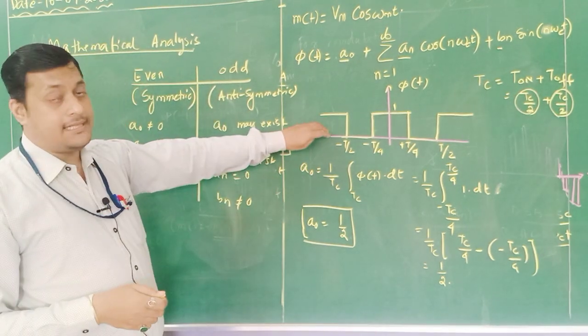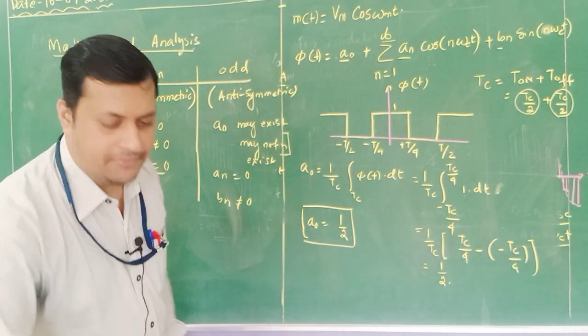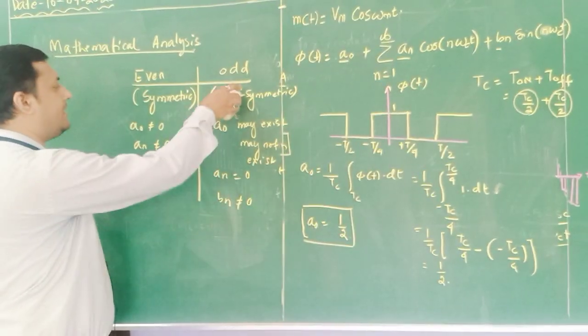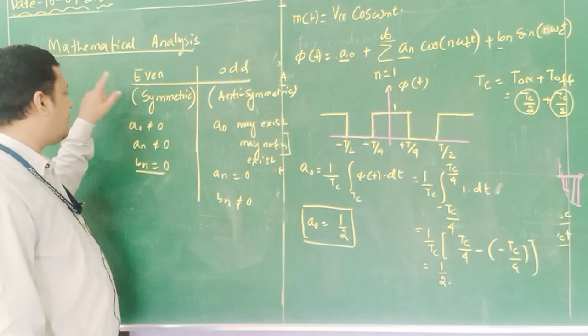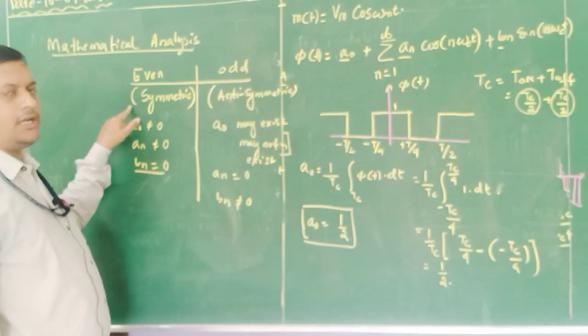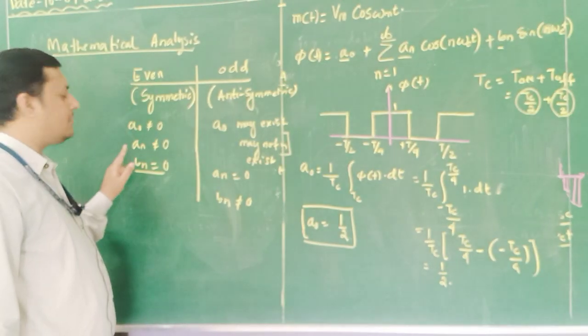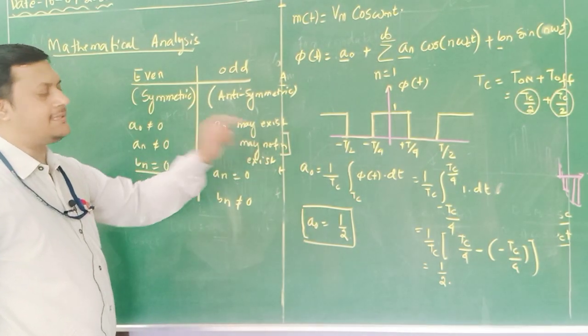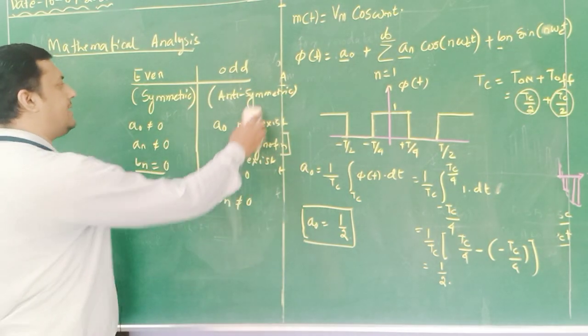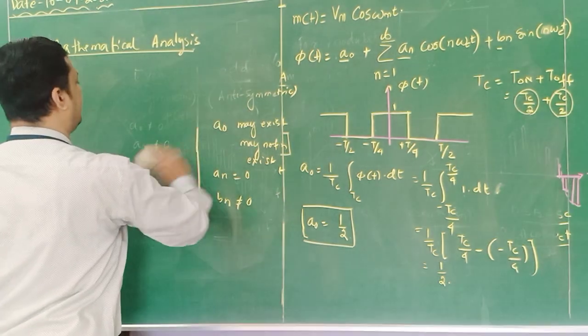Since it is an even signal, it is not an odd signal, so we will not calculate this relation. We will calculate this relation. A0 already we have identified. We need to calculate An, and Bn is equal to 0 because this is an even signal, or we can say it is called a symmetric signal.